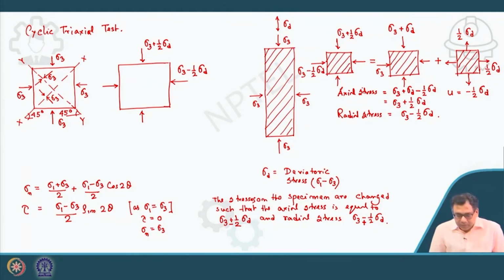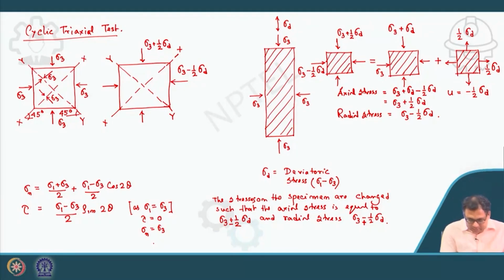Okay. So now if I take the same two planes, XX and YY, the same two planes I am taking in this condition. Now here what will be your sigma n on this plane? What will be the sigma n?